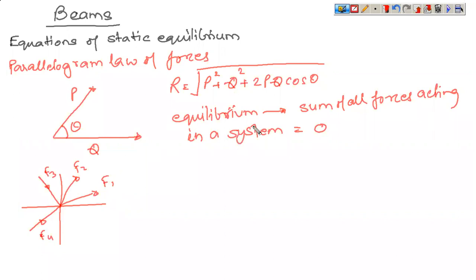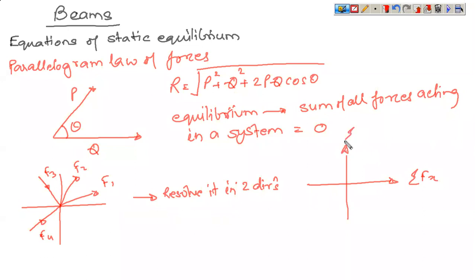These are four forces acting in a system. So the method of solving it is we resolve the forces in two directions. So if you resolve it in two directions, what we have is the sum of all forces in x direction, and the sum of all forces in y direction.